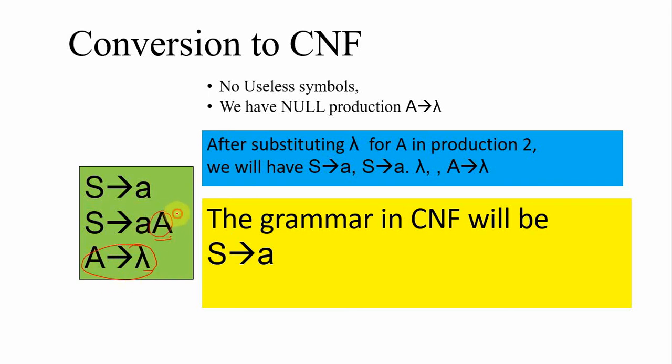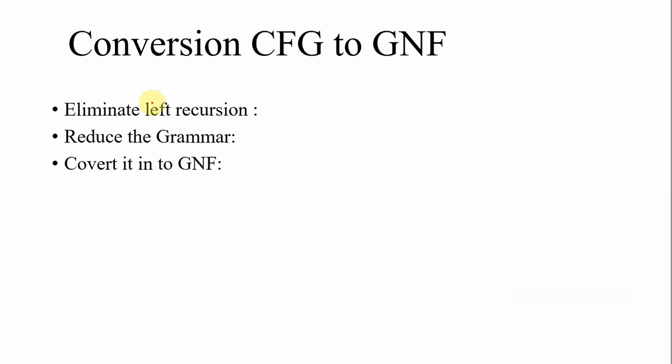Instead of A, if we substitute lambda, we'll have S gives A. That will be the only production available, which is already in Chomsky normal form. So please simplify the grammar first, then go for the conversion. That will help us a lot, as I keep on saying.